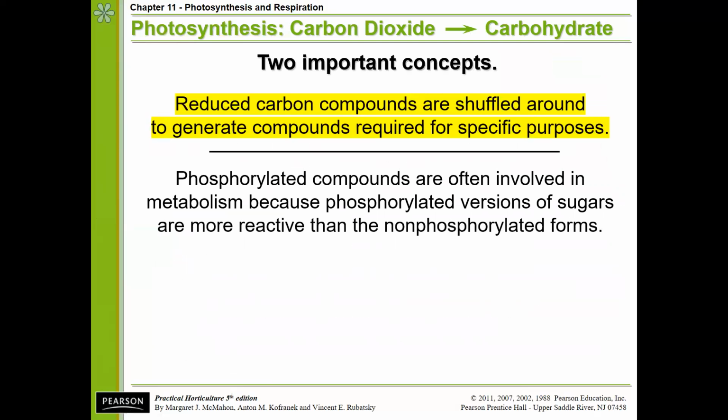First, we have reduced carbon compounds that are shuffled around to generate compounds that are required for specific purposes. And that's really the big take-home concept there, that the reduced carbon compounds then make up the hormones, the starches, and the sugars in order for the plants to be able to metabolize. We also have these phosphorylated compounds that are involved in metabolism because different forms of sugar are more reactive than the non-phosphorylated forms.